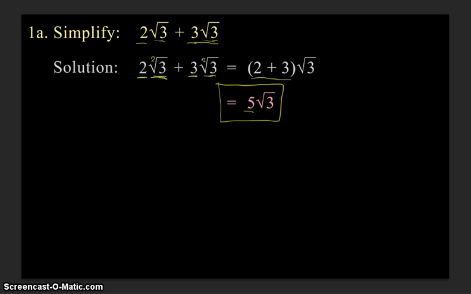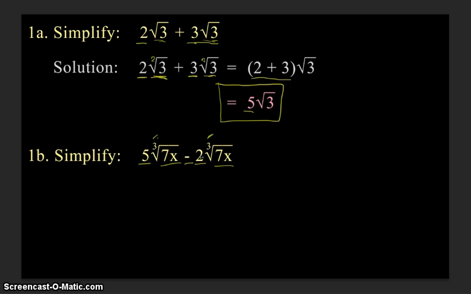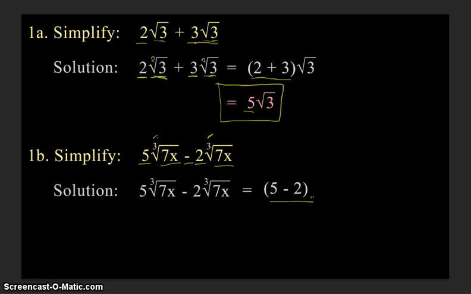Next, example number 1b. So, nasa cube root tayo ngayon. And pareho sila ng indices or ng index. And then yung radicand natin dito is 7x, 7x. Okay, so pwede nating i-minus yung coefficient na 5 at 2. So, meron tayong 5 minus 2 times cube root of 7x.